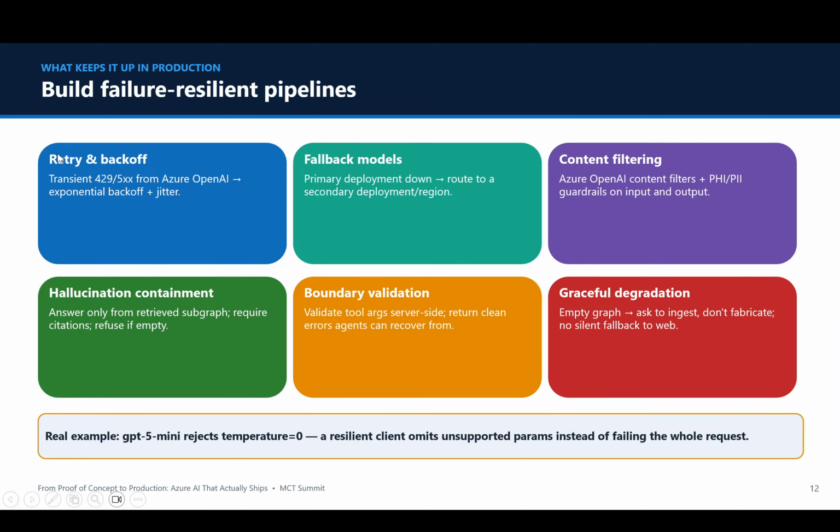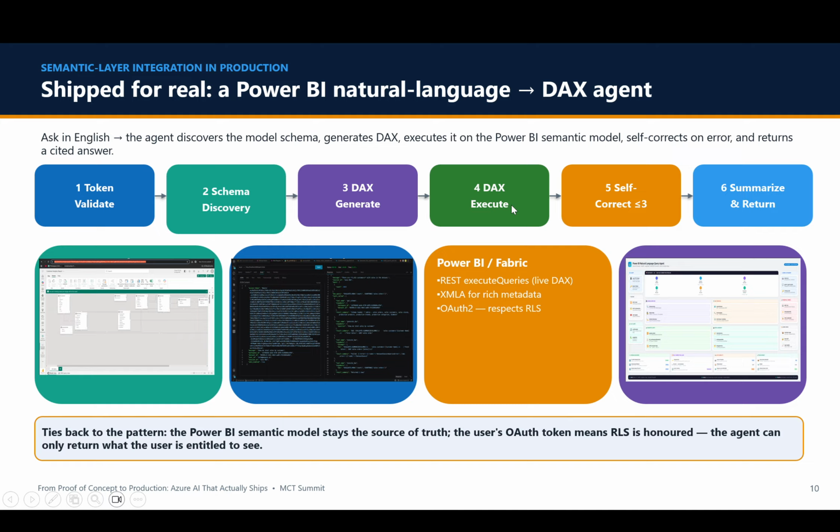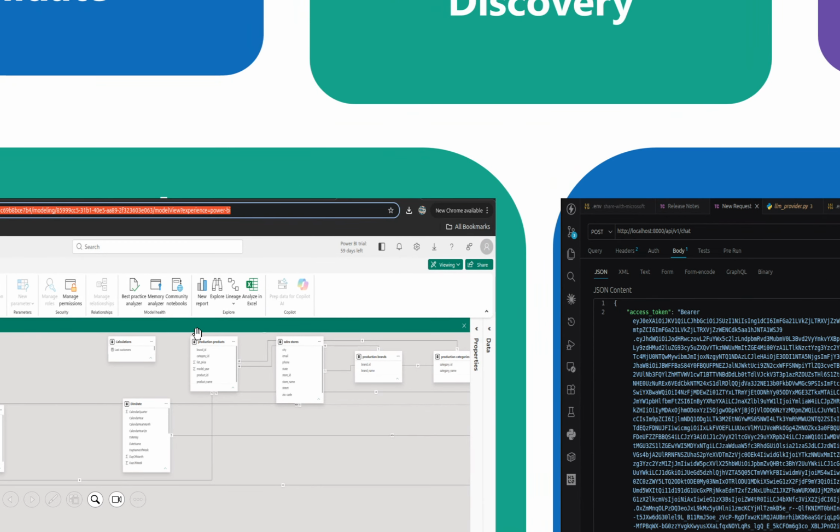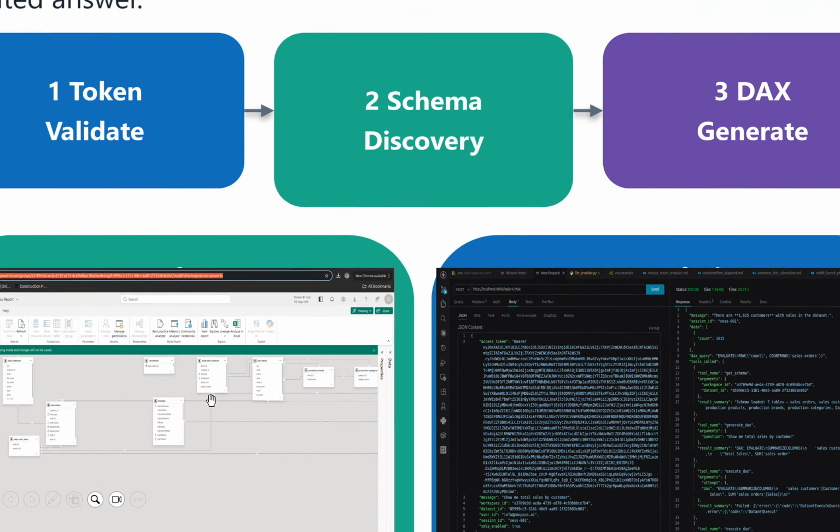And we should have retry logic. For example, we talked about the semantic layer role-based access retrieval. In the case of the Power BI natural language to DAX agent, based on the user token, we need to first discover the available table schema, like table names and column names.